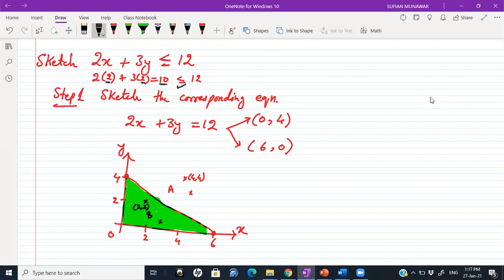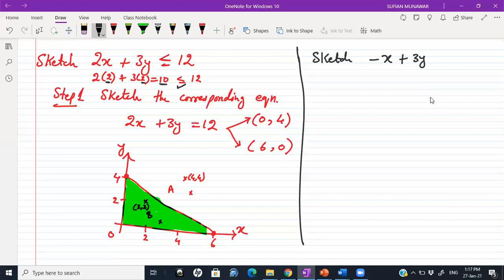Okay, so let us take another example. We will sketch another inequality, minus x plus 3y greater than or equal to 9.